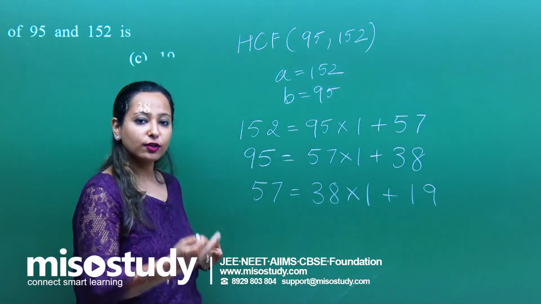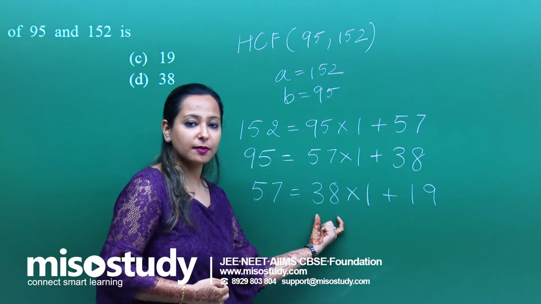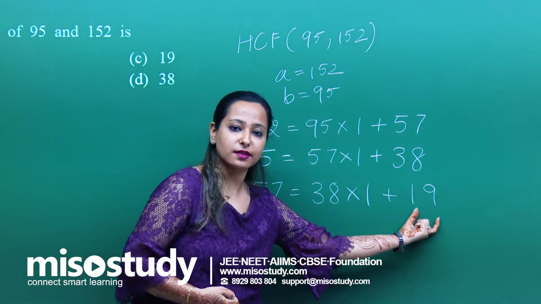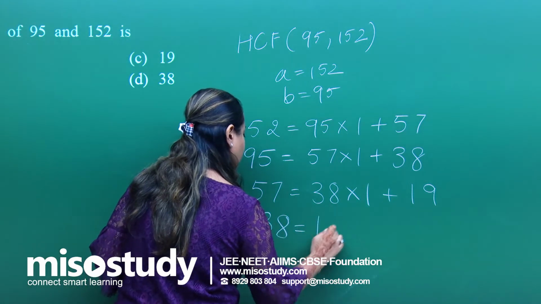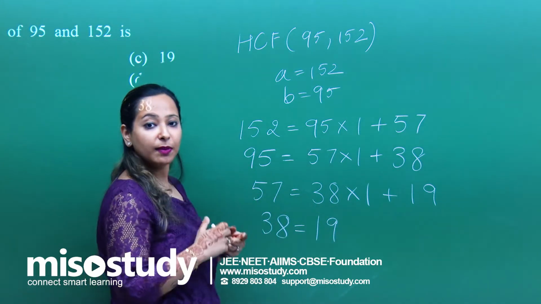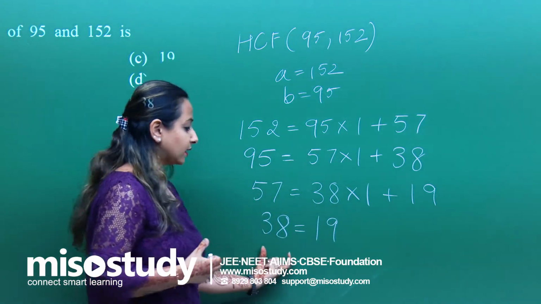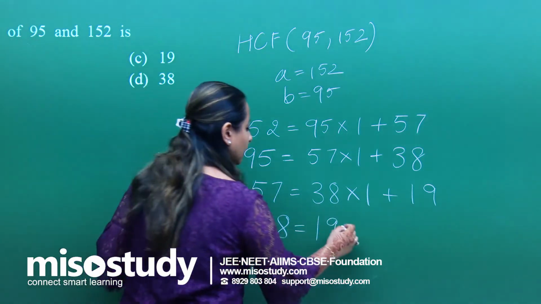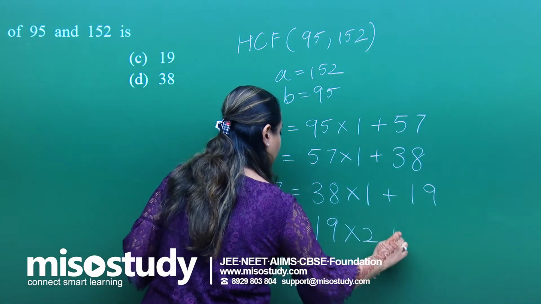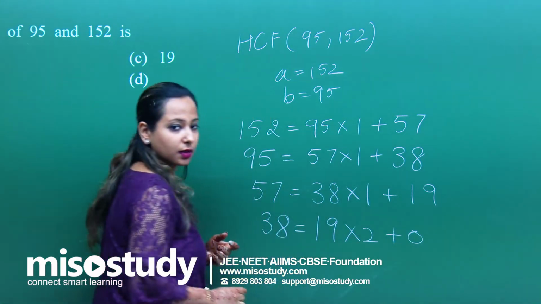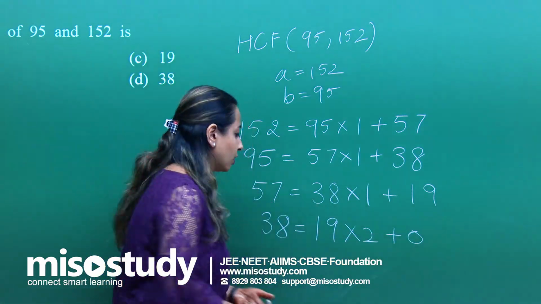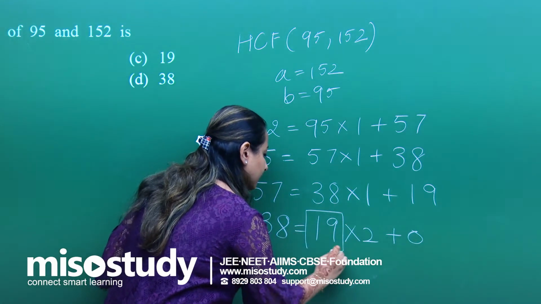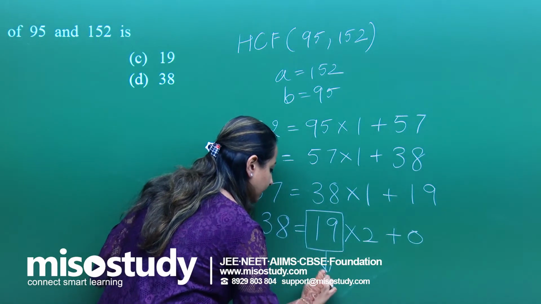We follow the same procedure, and this will become the dividend and this will become the divisor. So 38 is equal to, now we know that if we multiply 19 with 2, we get 38 as the result. So 19 into 2, you get remainder as 0. From this step, when you get remainder as 0, this divisor will become your HCF.